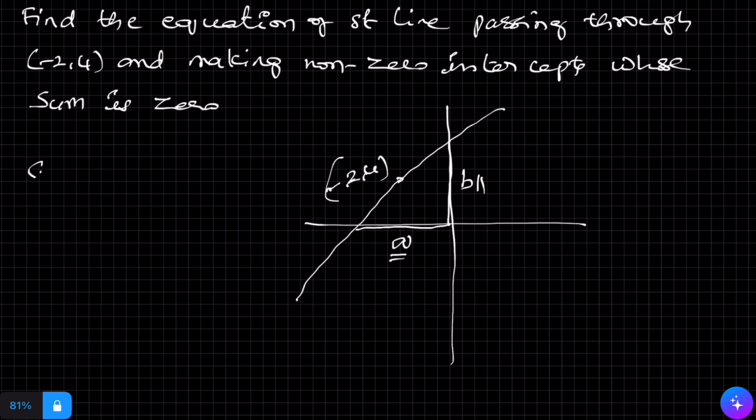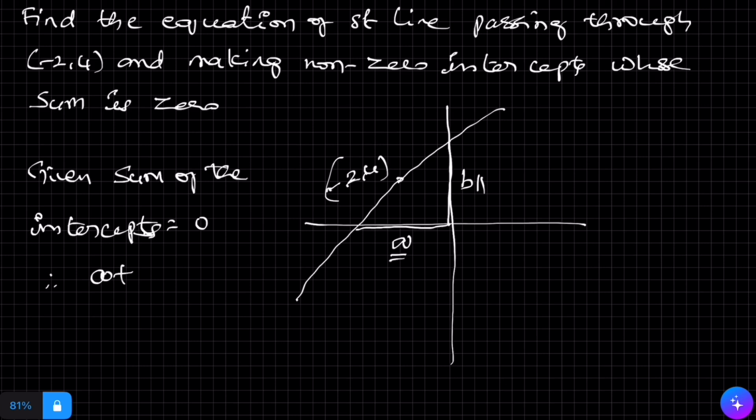So given the sum of the intercepts equal to 0, I can say x intercept plus y intercept equals 0. So a plus b equals 0, so b can be taken as minus a.